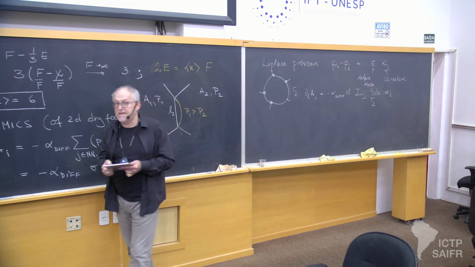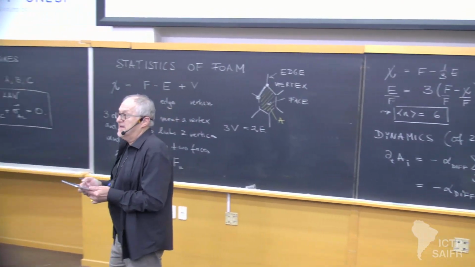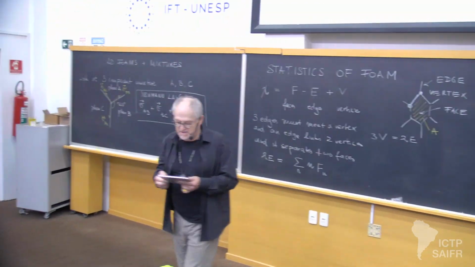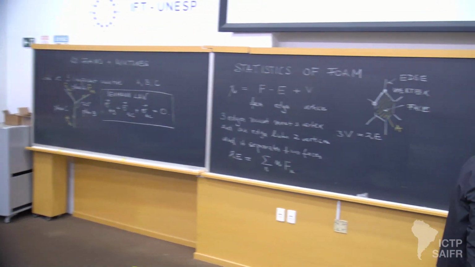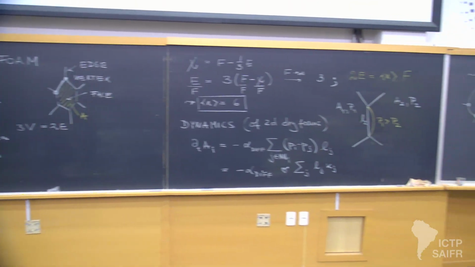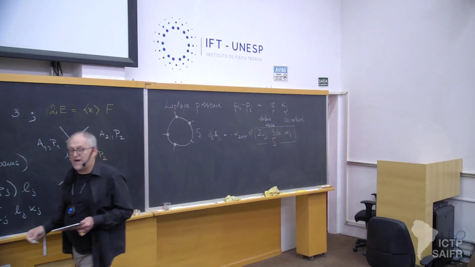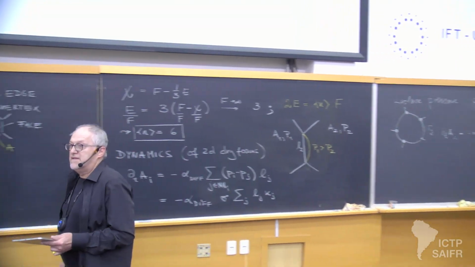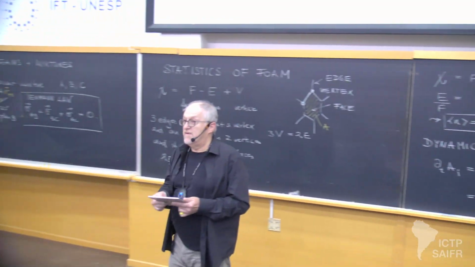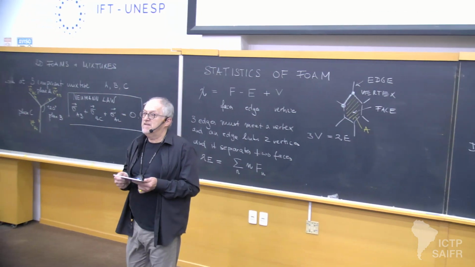Okay? But now you're in business, because there's this final object that you see here. This one here, one knows how to write in a different way, namely in terms of macroscopic, so to say, properties of the cell.